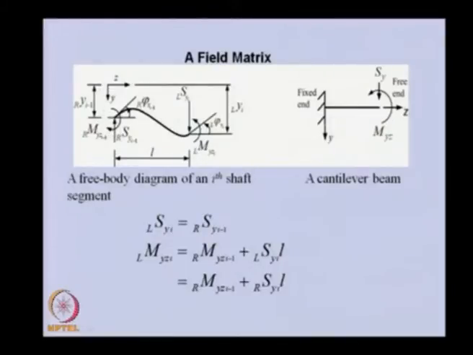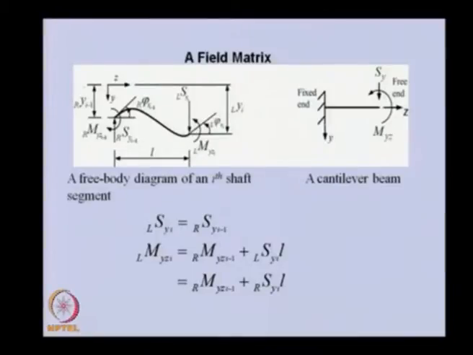We have taken the free body diagram in one of the planes, and similar relations will hold for the other plane, because this shaft is symmetric. So, for the YZ plane, one end of the shaft has linear displacement y. This is the ith shaft, with the i minus 1 disc on the left hand side and the ith disc toward the right side.